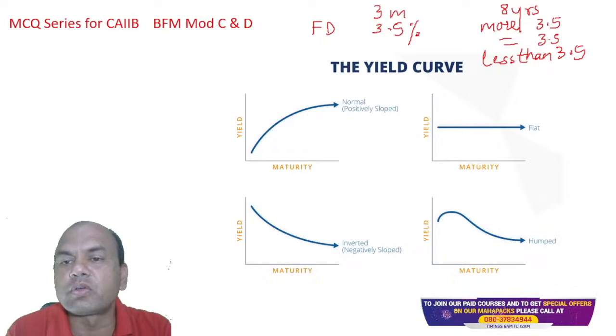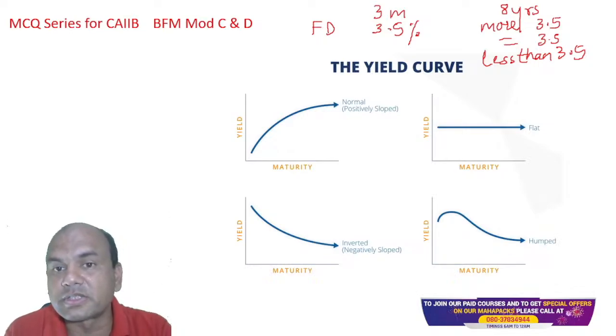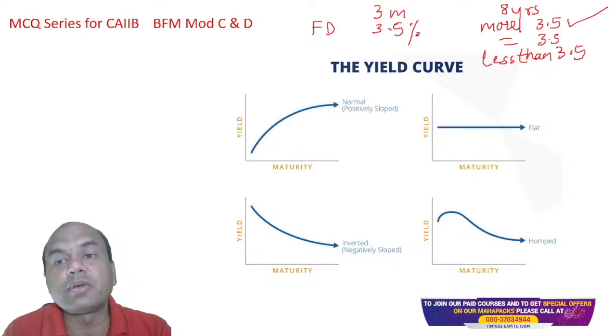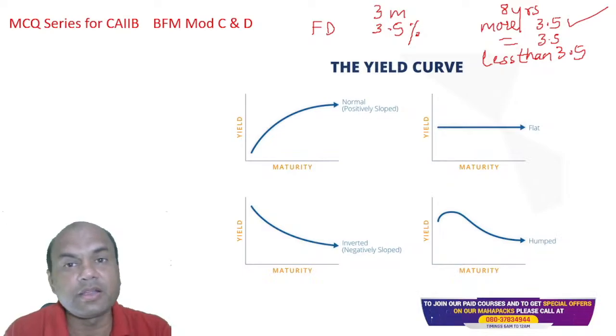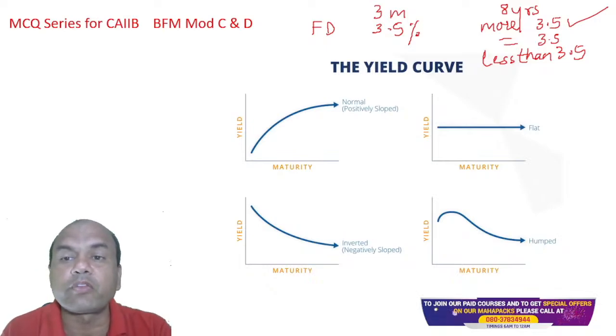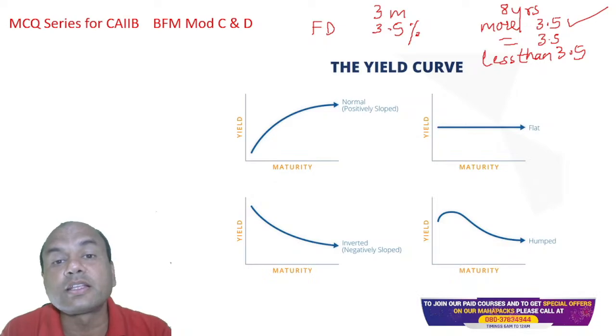I'm keeping it for 8 years and you are keeping it for 3 months, so I'll be getting more than 3.5. Correct. Why? Because I'm keeping the money for a larger period. This depends on Keynes theory. It says that the more you part with your money, the more returns are expected.